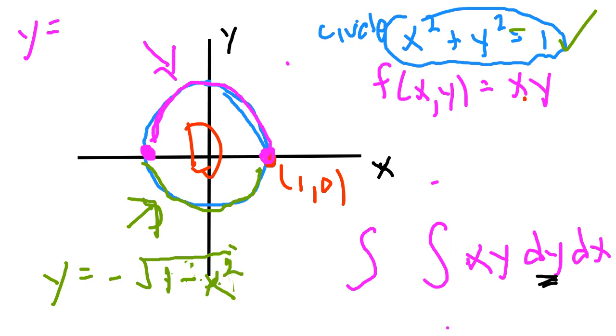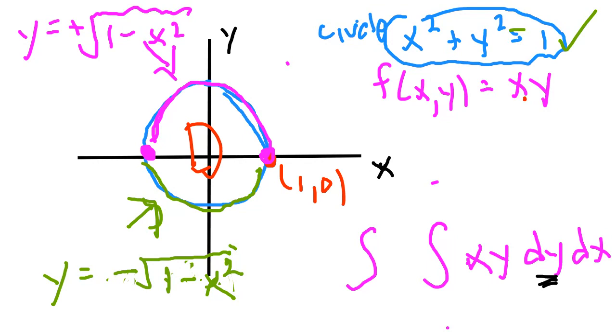Right, so this is 1 minus x squared, and that's negative, right? Let's get our negatives drawn properly. And then on top, you have y equals positive square root of 1 minus x squared.